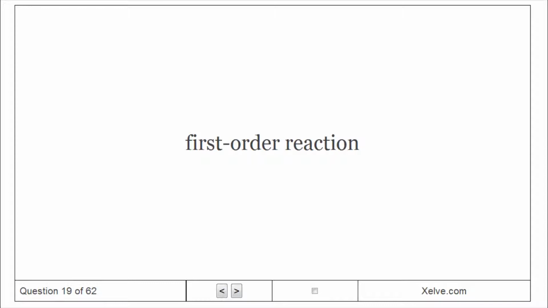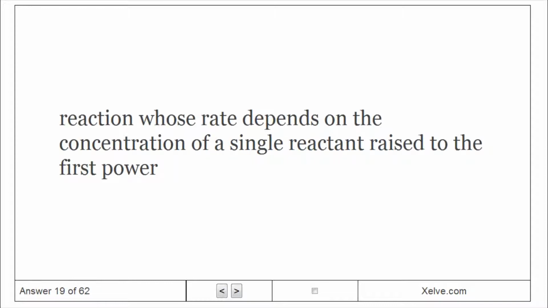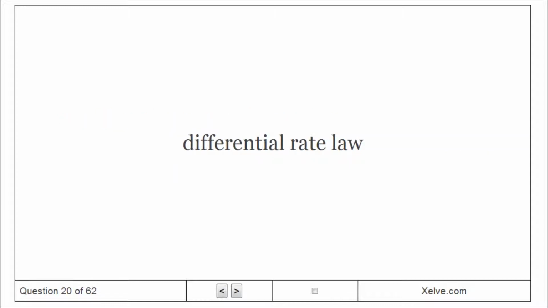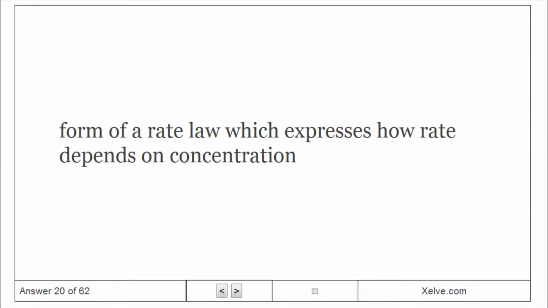First order reaction. Reaction whose rate depends on the concentration of a single reactant raised to the first power. Differential rate law. Form of a rate law which expresses how rate depends on concentration.